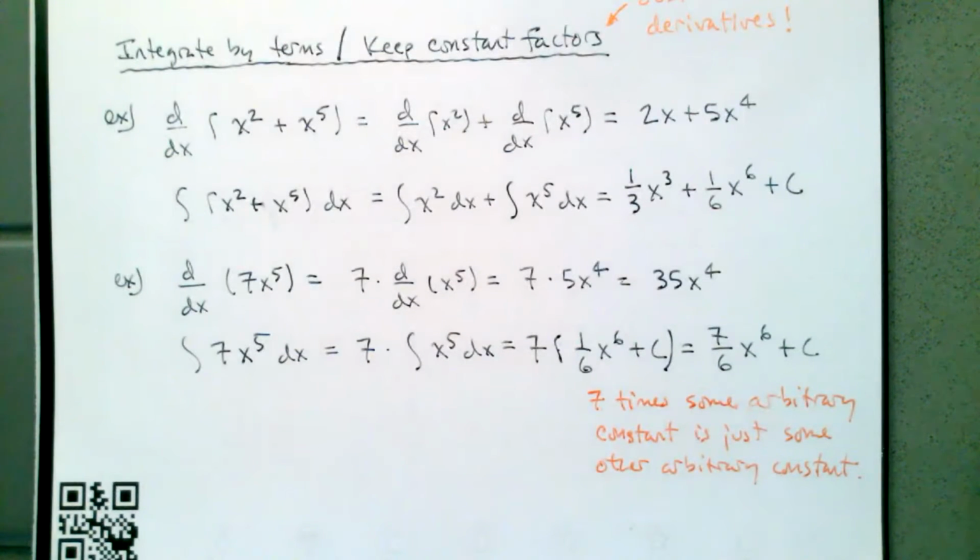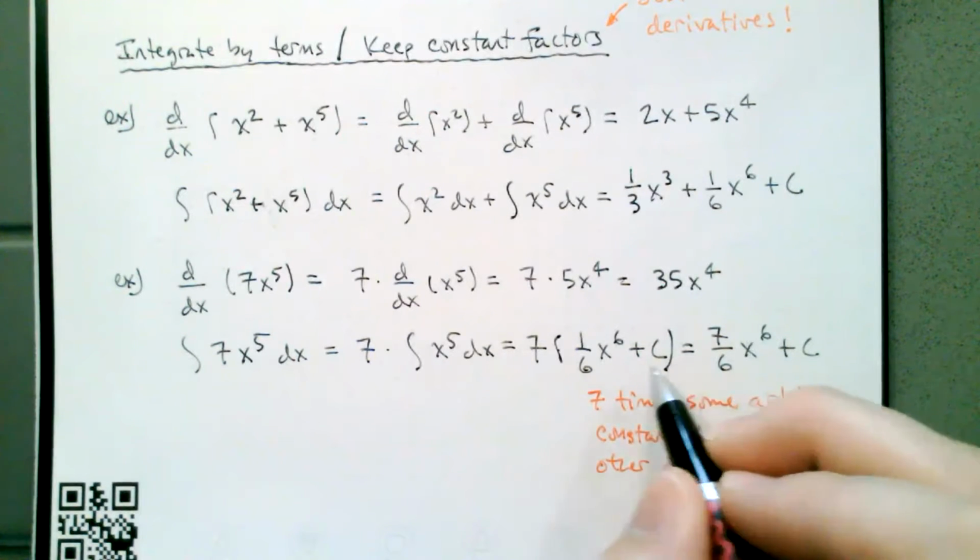We'll look at more concrete examples of why we don't have to write 7c later on when we start taking the general antiderivative and finding specific antiderivatives.